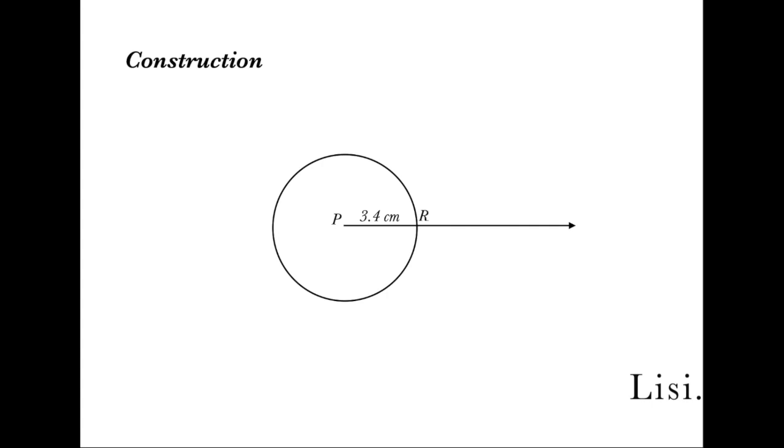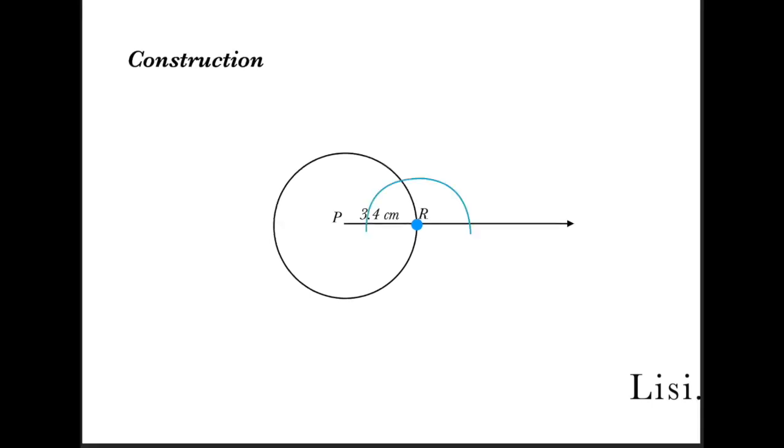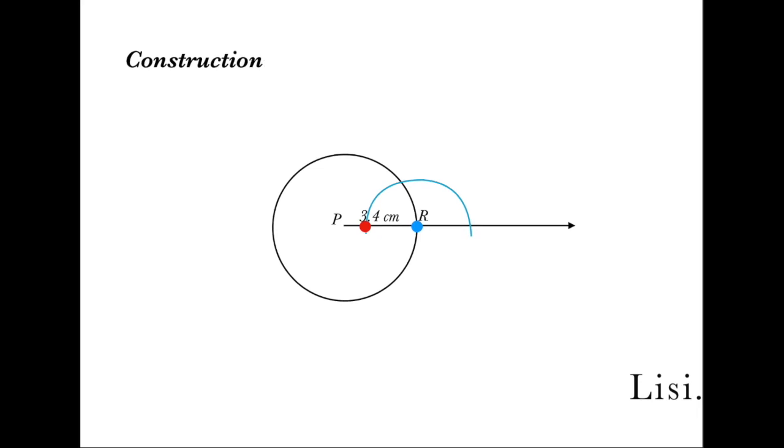Mark it as R. Place your compass at R. At any random measurement, cut an arc that touches the radius. Please don't change the measurement. The random measurement you are taking must stay the same till we finish. Now place it on this point and cut an arc intersecting the previous one.